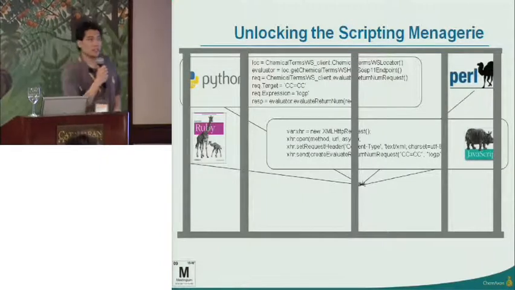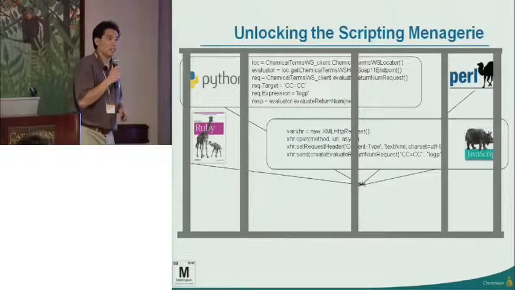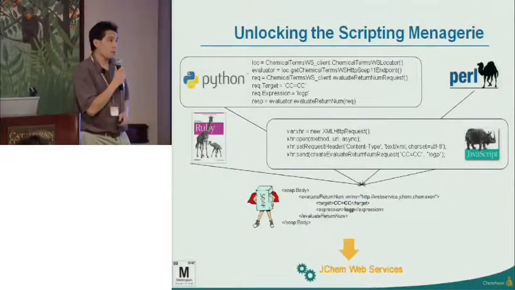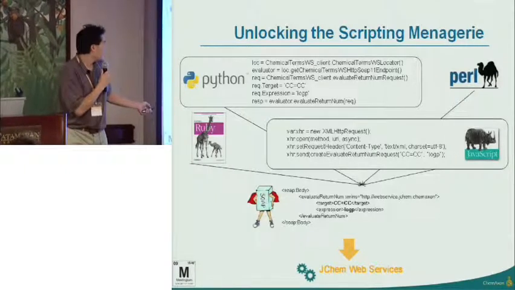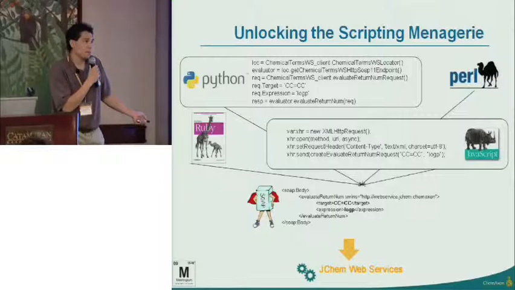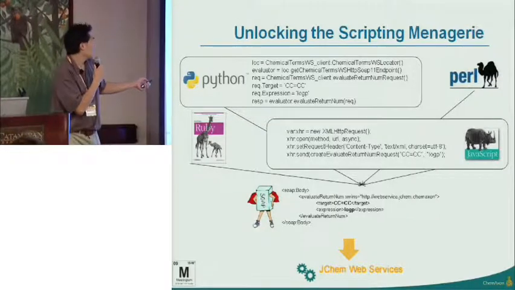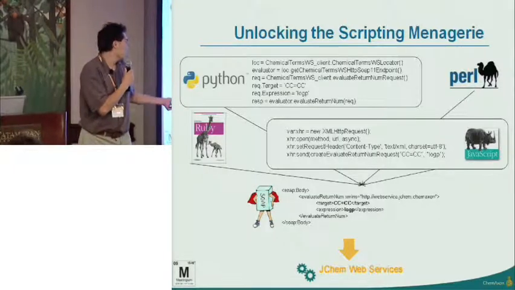Before web services, you weren't able to really get into using the ChemAxon tools. And now, with the introduction of SOAP, we've unlocked those. And now you get to use the JChem Web Services with simple things like just setting targets and expressions. This is an example for chemical terms expressions.